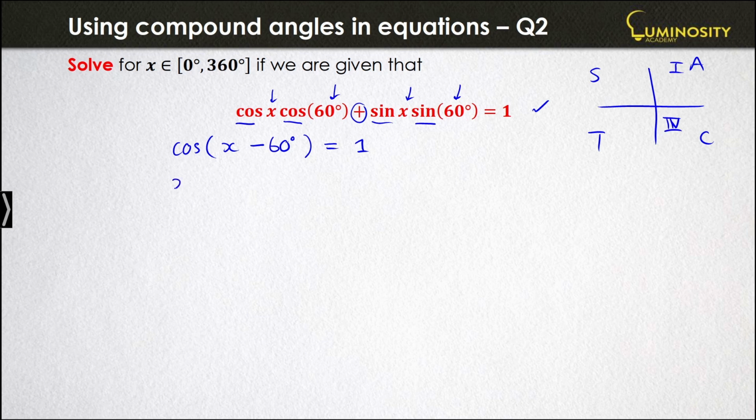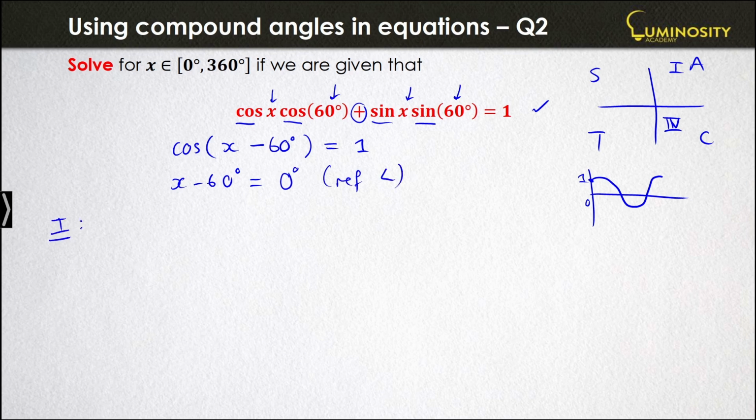So the angle x minus 60 degrees is going to equal our reference angle, which is cos inverse of 1. When you think of the standard cos graph, at 0 degrees you have 1. It's very important to know your basic trig parent graphs because of their usefulness in terms of their properties. So this is going to be 0 degrees as our reference angle.